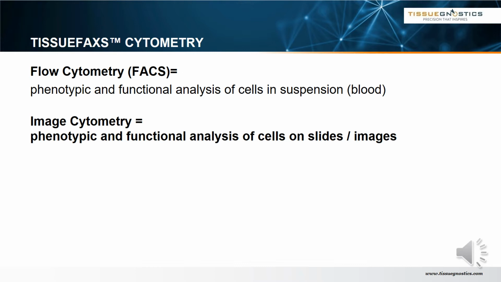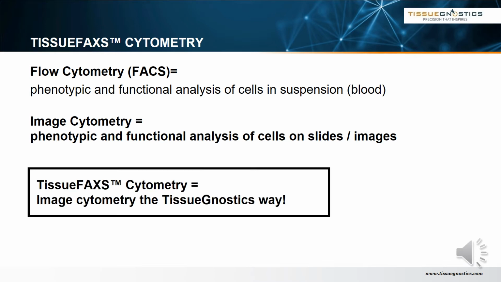These samples get scanned, and then we have the cells in images which can be analyzed by means of image analysis or image cytometry. TissueFAXS Cytometry is image cytometry, the specific way TissueGnostics is doing it.